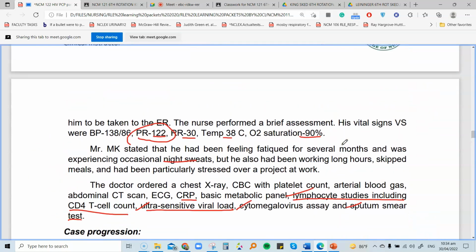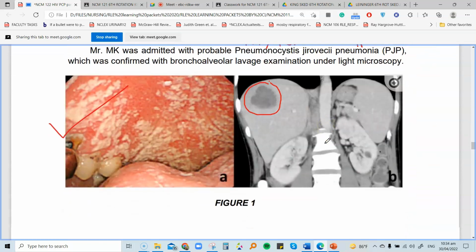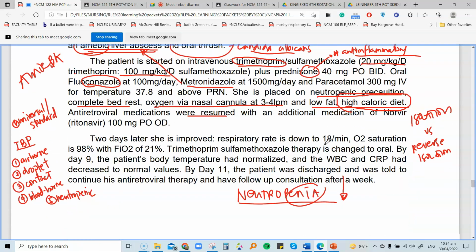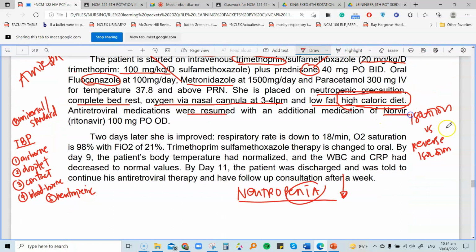Diba? He had history of 6 years HIV and he was on this antiretroviral therapy, yung Combivir and your Nelfinavir. So that's 1 and 2, pangalawa, and then another antiretroviral medication, which is your Norvir.